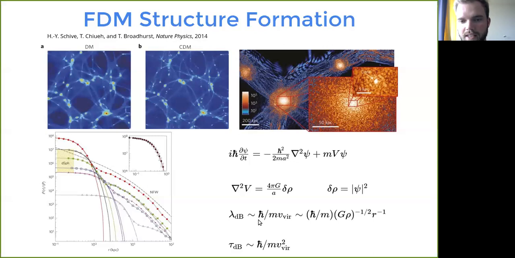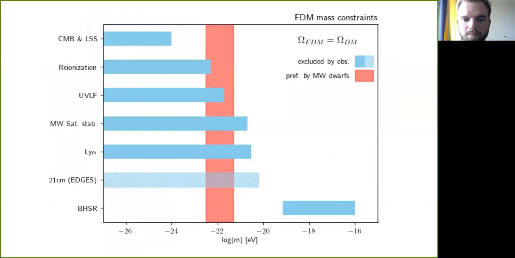And as you can see here, these lengths and time scales depend on the axion mass or the fuzzy dark matter mass. And therefore, different masses are most prominent on different length scales. Namely, for a mass of roughly 10 to the minus 22 electron volts, this is on galactic scales, on kiloparsec scales or slightly larger.